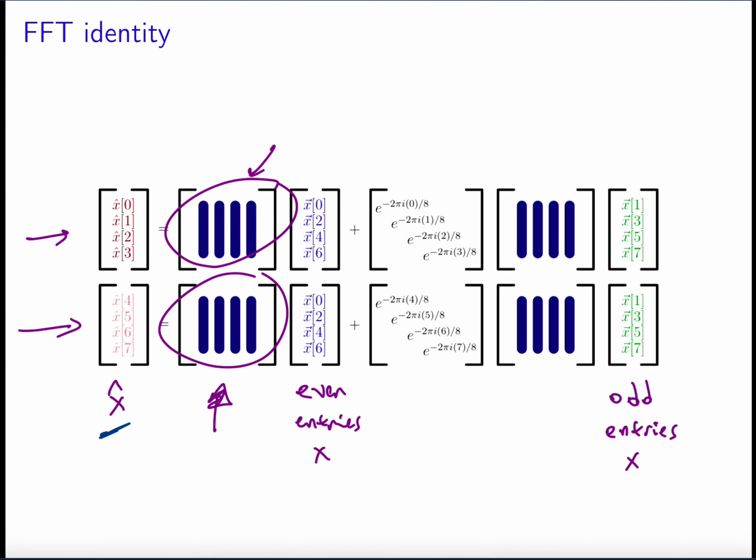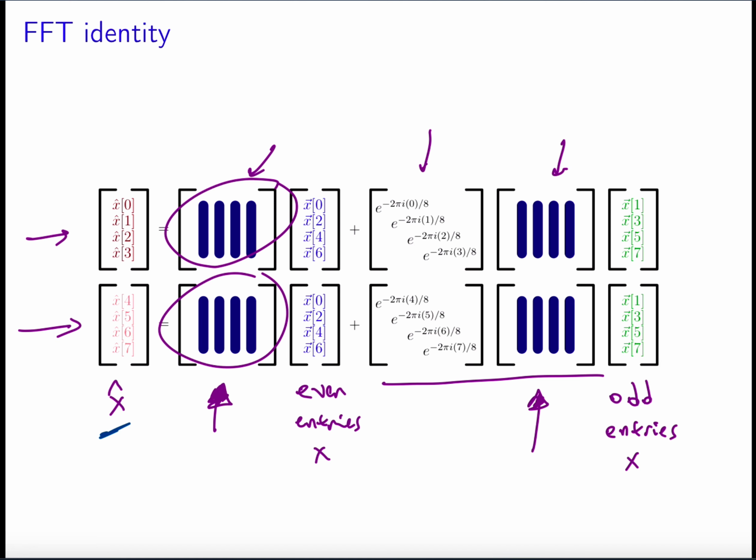Here we're applying the even submatrices, which are both the same. Here we're applying the odd submatrices, but we can obtain them from the even submatrices by just multiplying by this diagonal matrix.